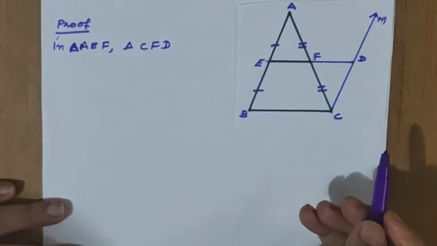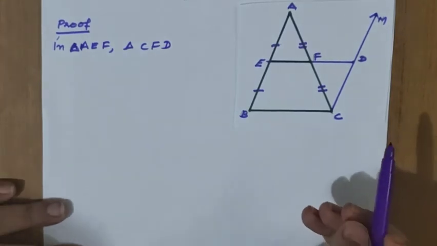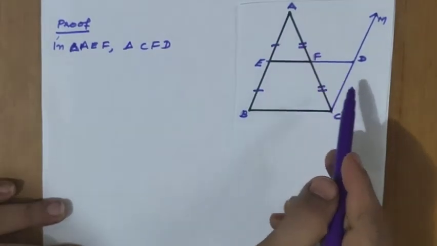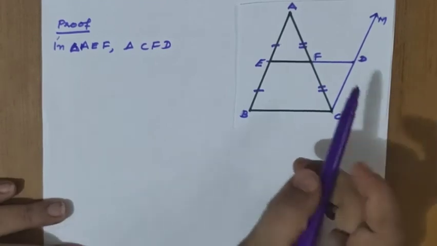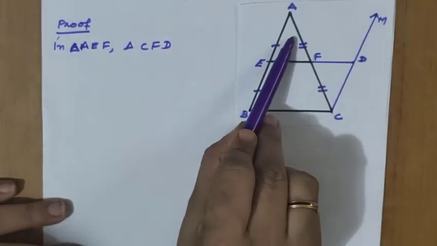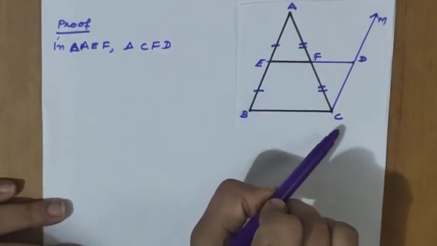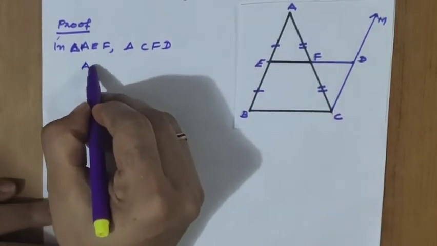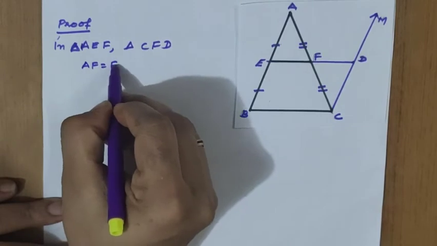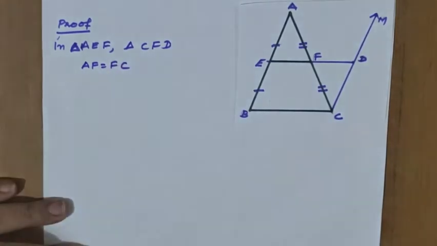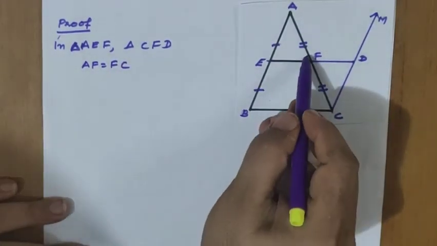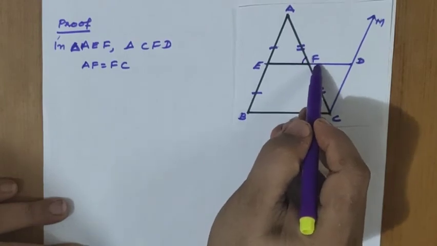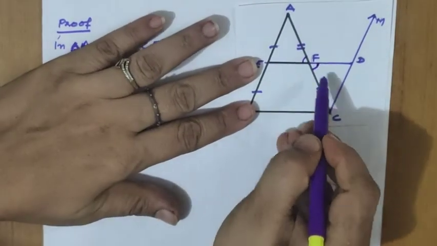What are the equal things we can write here? Already we marked the equal sides, AF and FC. So I can write AF equal to FC. The first equal side we got. Now what about angle F and here angle F? What can we say?